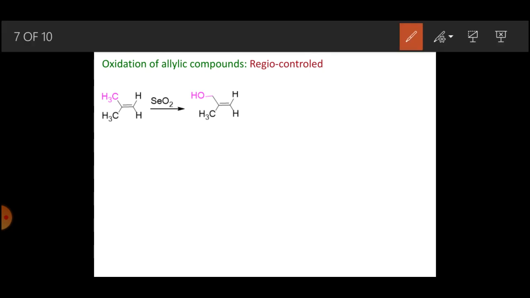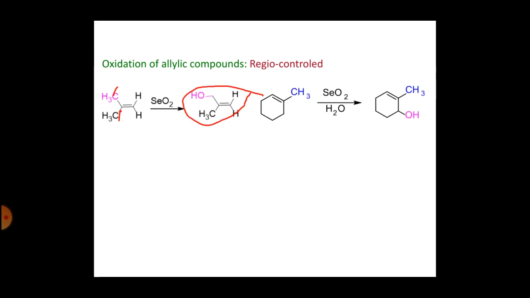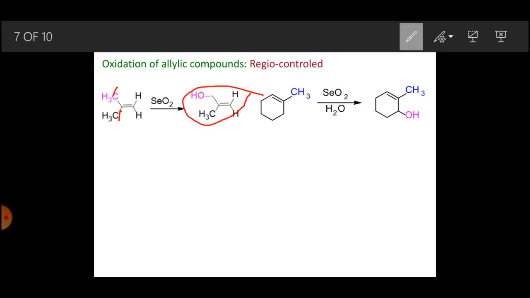So this is an allylic position, this is also an allylic position, but both are the same, so it will give the same product. In this example, it is a trisubstituted alkene, so it will follow what we have understood and discussed so far.